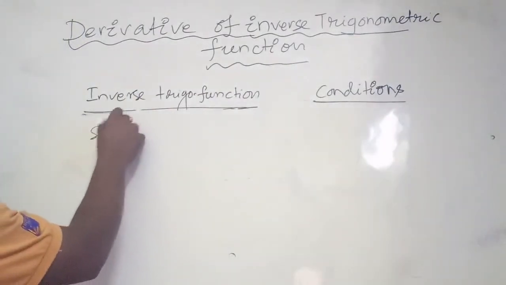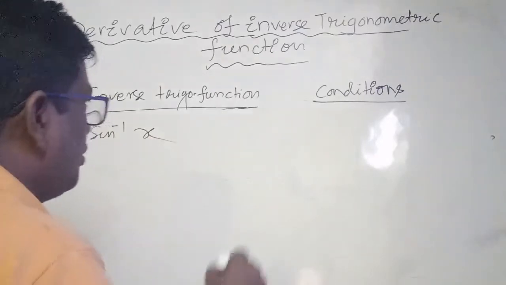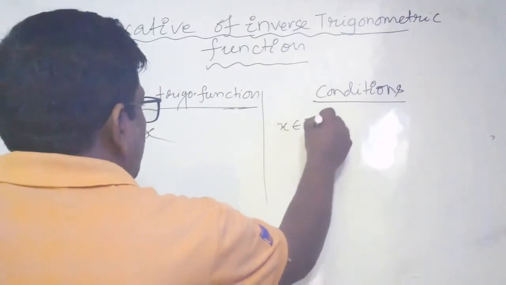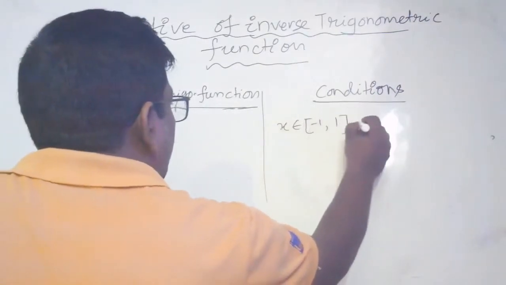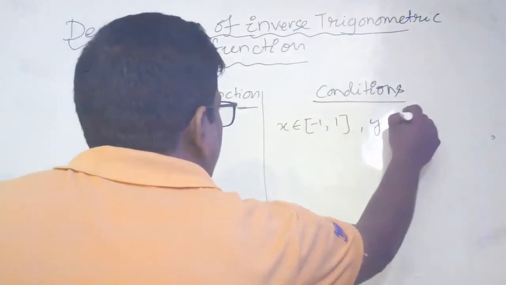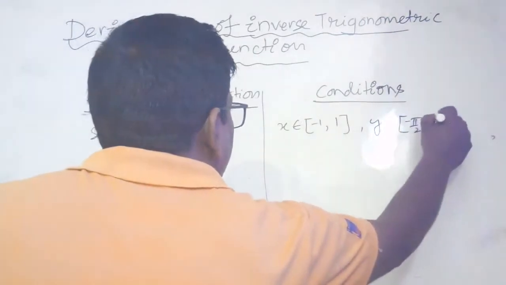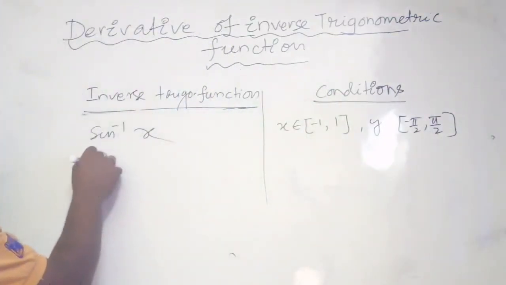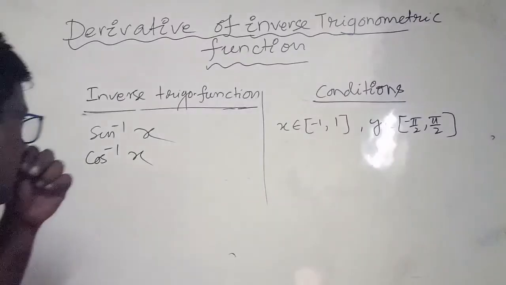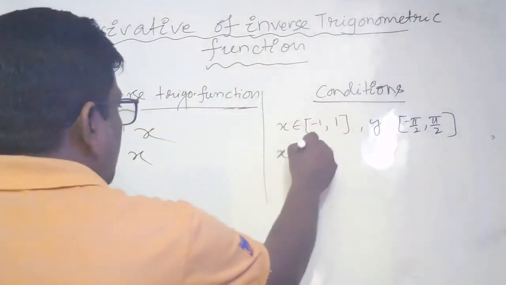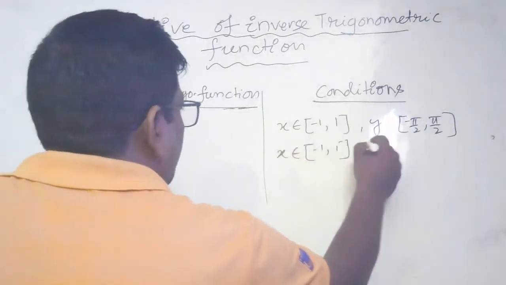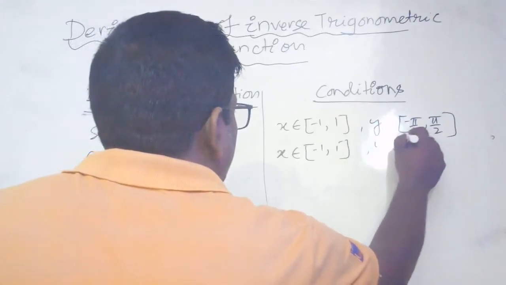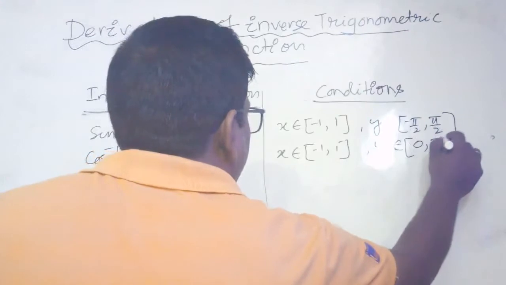Suppose sin inverse x, its condition is x belongs to -1 to 1, y belongs to -pi/2 to pi/2, and cos inverse x, same, x belongs to -1 to 1 and y belongs to 0 to pi.